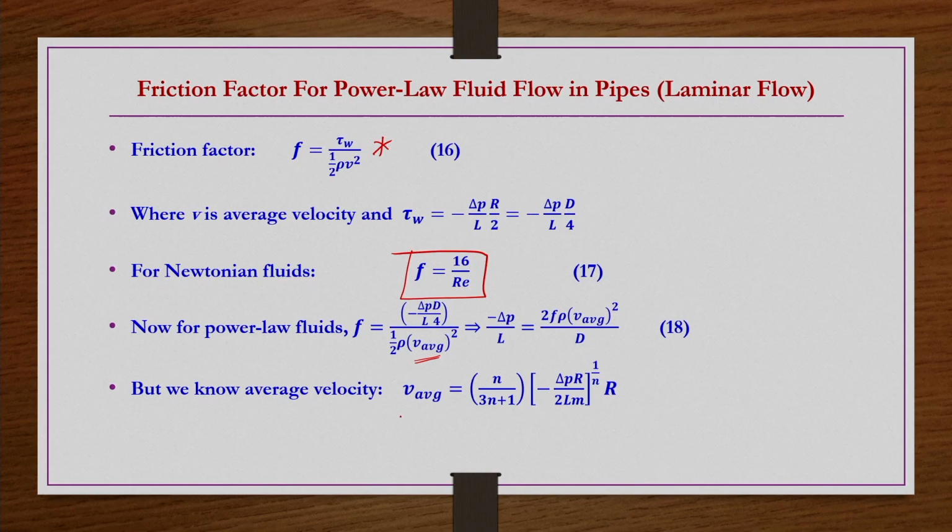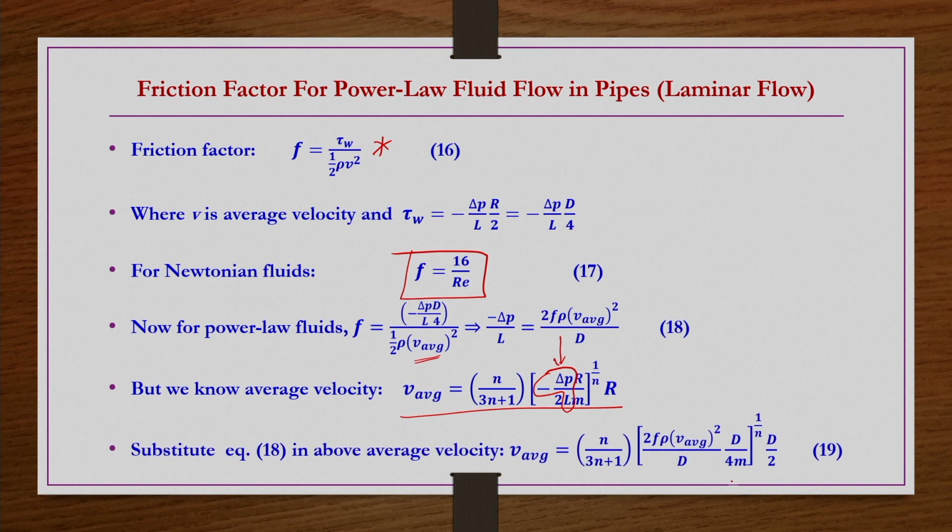That is nothing but n by 3n plus 1, multiplied by minus delta P R by 2 L m, whole power 1 by n, times R. Now, in place of minus delta P by L in this expression, we are going to write 2f rho V average square divided by D. Also, I am writing R as D by 2, and there is already a 2, so D by 4 m, and then in place of minus delta P by L, 2f rho V average square by D, all under whole power 1 by n.